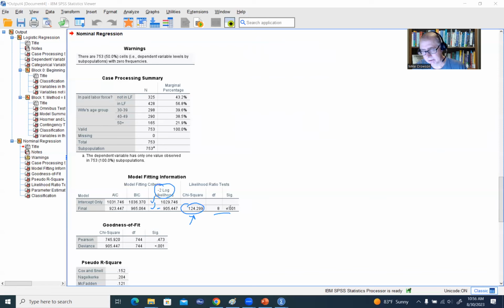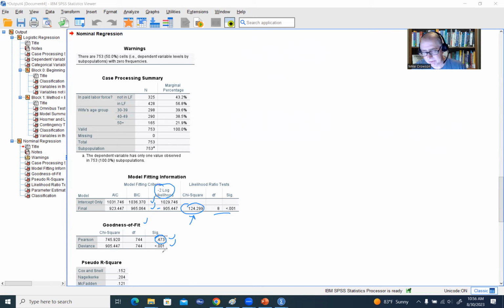And again, that model was statistically significant. You'll see we have the goodness of fit test right here. We have a Pearson chi-square goodness of fit test and a deviance chi-square goodness of fit test. The basic idea when you're testing them is that non-significance is an indicator of good fit. So for the Pearson chi-square test, we have non-significance, which is an indicator of good fit.